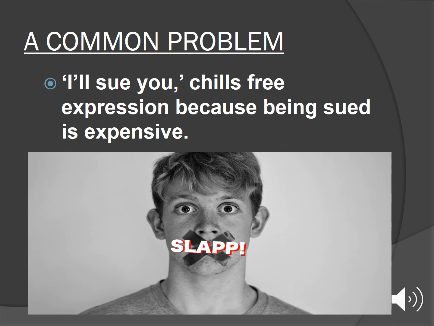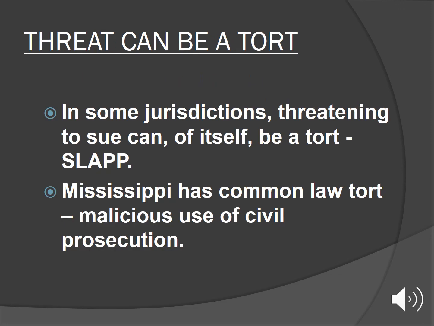That is a way of protecting people. If a person threatens to sue because you might use your freedom of expression, then that in itself is a separate tort. That's a little bit difficult to prove. It doesn't exist in Mississippi. What we have is a common law tort called malicious use of civil prosecution.